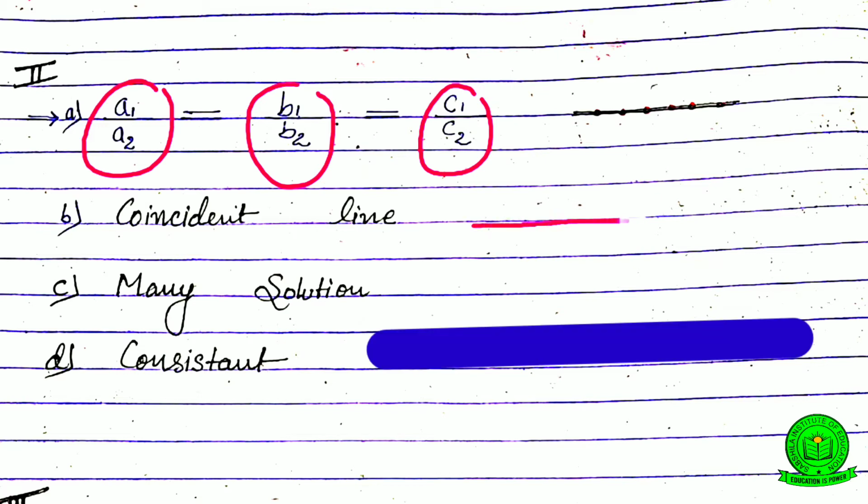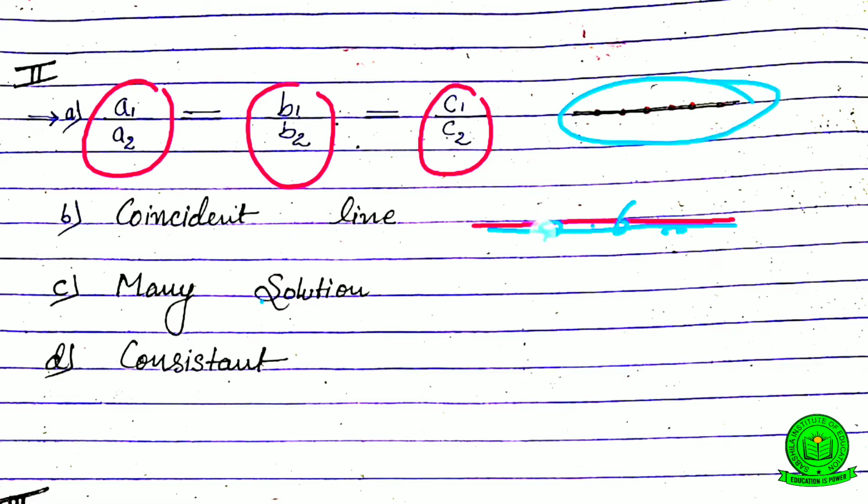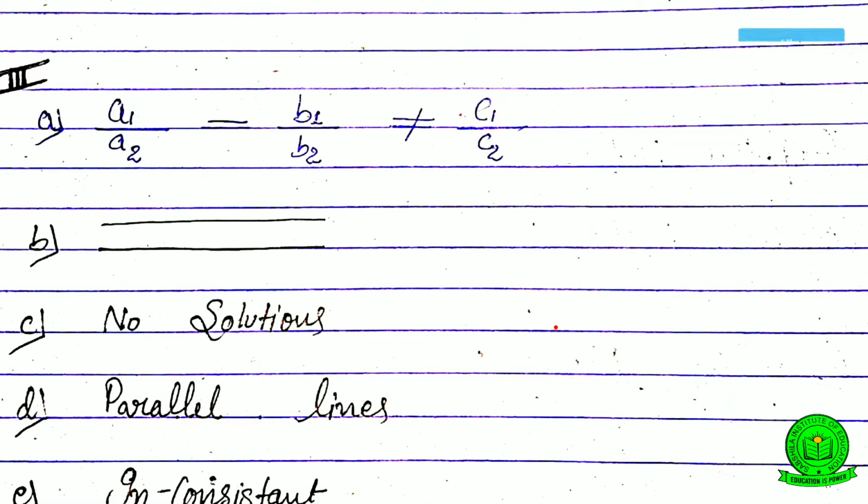The first line and second line will overlap, like this. So it will be a coincident line, with many solutions, and consistent.